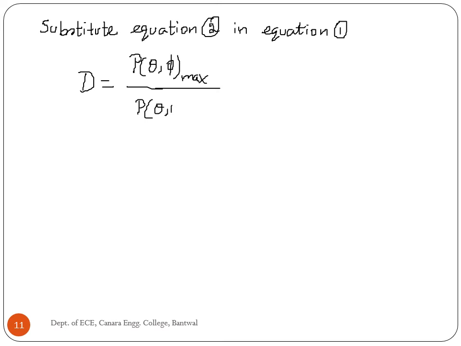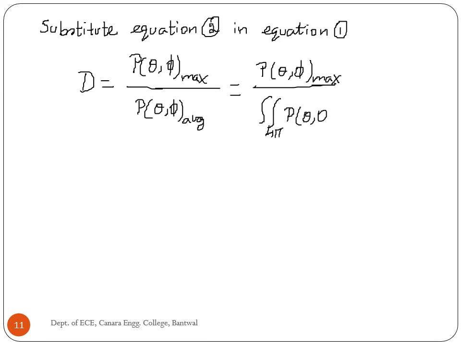This is the first equation. So average power is substituted into the expression: integral of the power over a sphere into 1 divided by 4 pi.